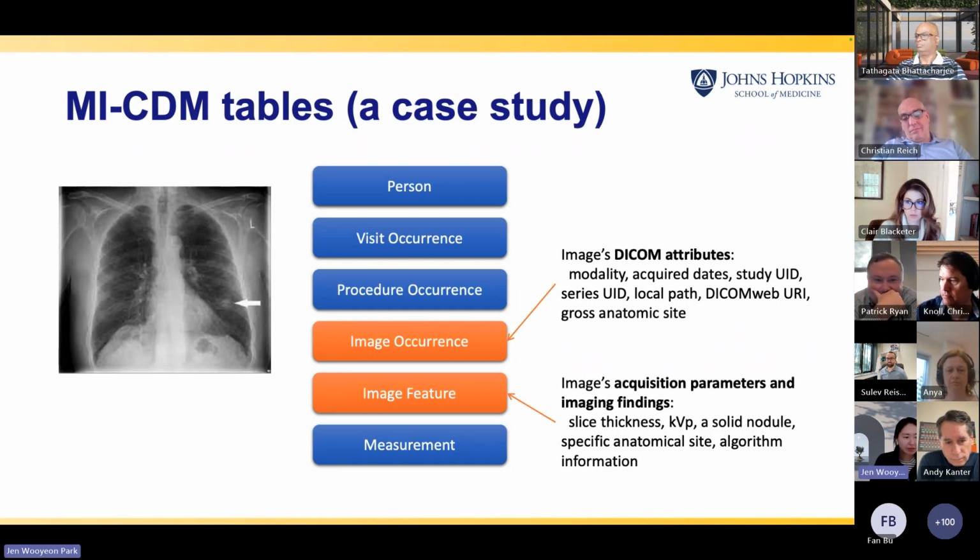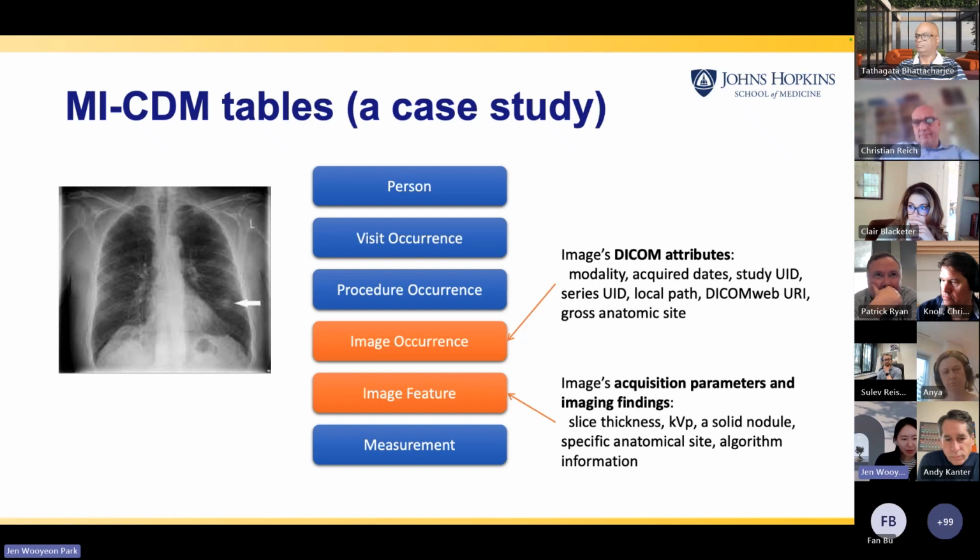So basically, we have a data catalog of these images in the image occurrence table, and it will be linked to the procedure occurrence table, and also linked to the image feature table, which will hold more detailed information such as acquisition parameters and imaging findings.